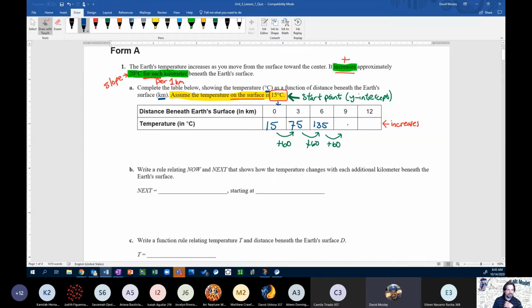Come in at 195. Right, and finish off our table, adding another 3 kilometers, 9 to 12, add another 60 degrees, and that puts us at 255.